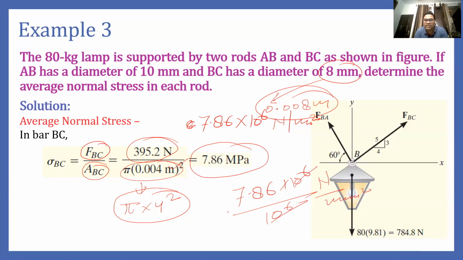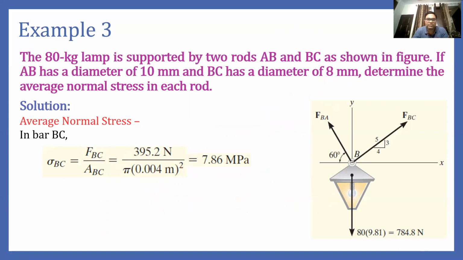Cancelling this out, we get 7.86 Newton per mm square. Either we write 7.86 Newton per mm square, or sometimes we write 7.86 megapascal, because megapascal is also equivalent to Newton per mm square. This is how we find the average normal stress in Newton per mm square.